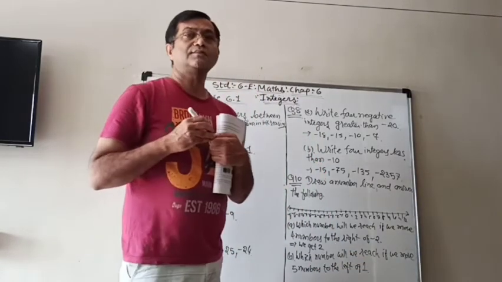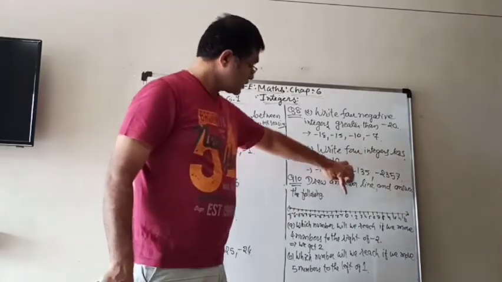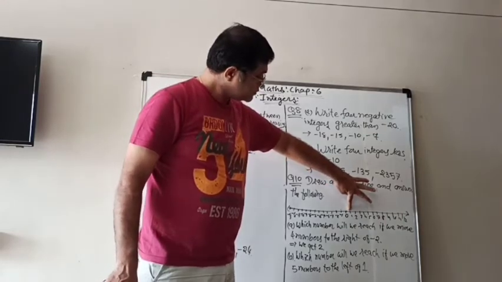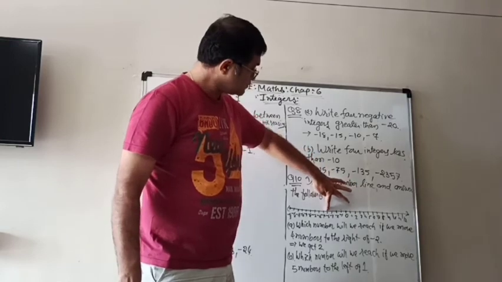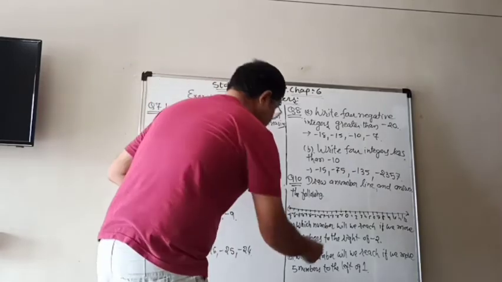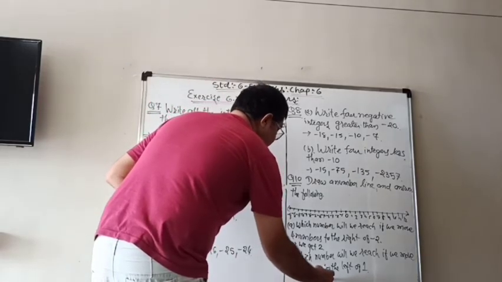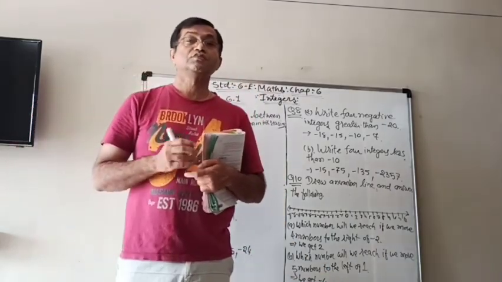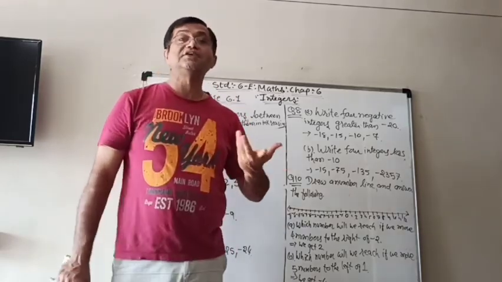So now from the number 1, you have to move left. How many? 5. So 1, 2, 3, 4 and 5. We get to the number minus 4. So the answer is, we get number minus 4. You can write down the other 2 as homework.